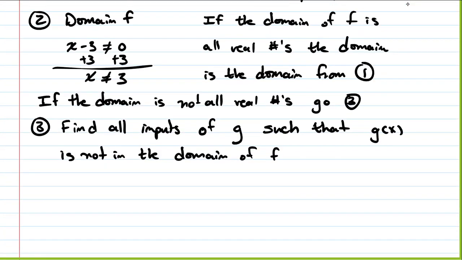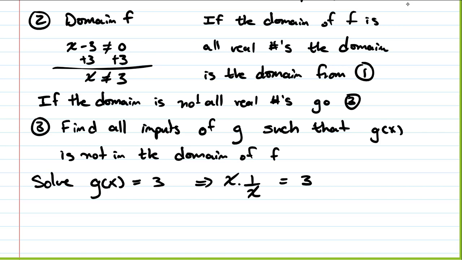And what's the only point that's not in the domain of f? 3. So we need to find all points such that g of x is equal to 3. So we need to solve the following: 1 over x is equal to 3. So we multiply by x, and we get 1 equals 3x. We divide by 3, and we get x is equal to 1/3.